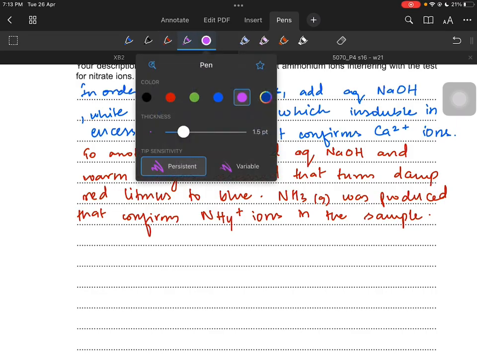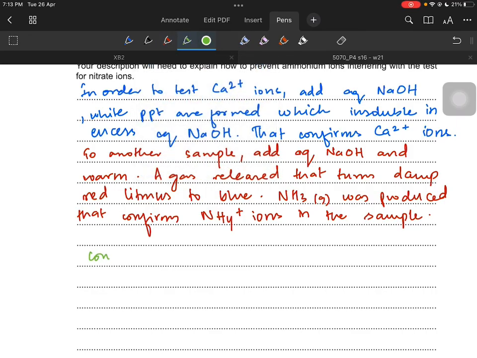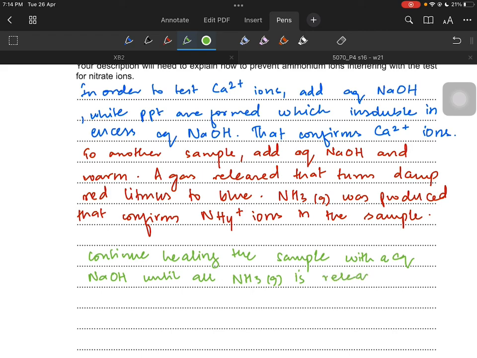Once the ammonia is released, then we go for it. So over here we can say, continue heating the sample with aqueous sodium hydroxide until all ammonia gas is released and litmus stops changing color.